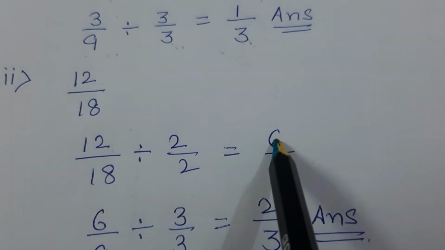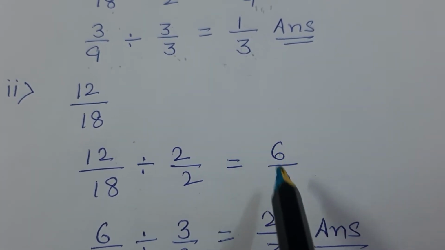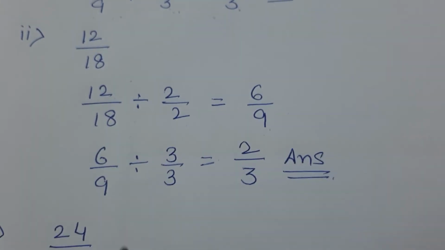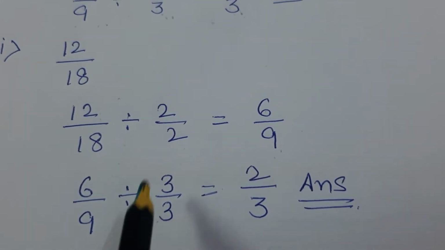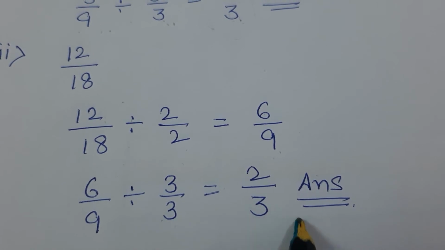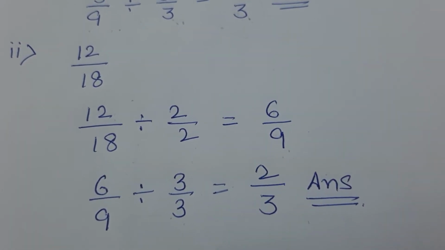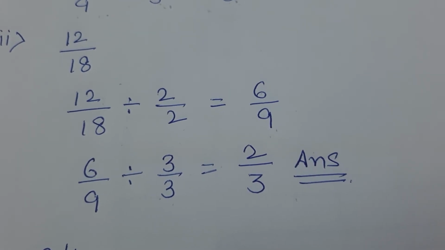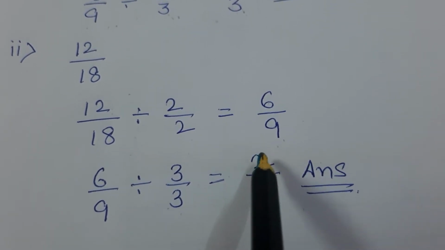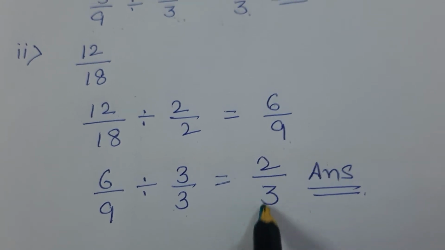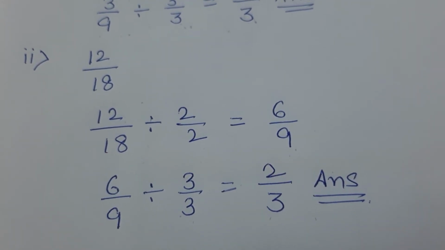Again you can see one more common table, 3. 3 2s are 6, 3 3s are 9. So we divide these fractions till we get the simplest form, where there is no common table between numerator and denominator.